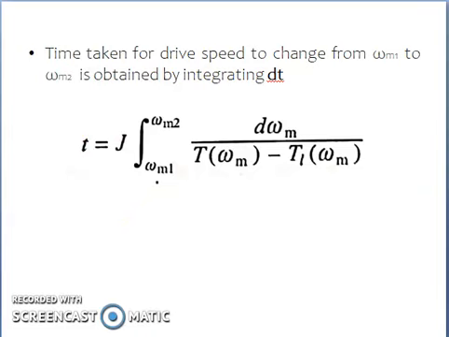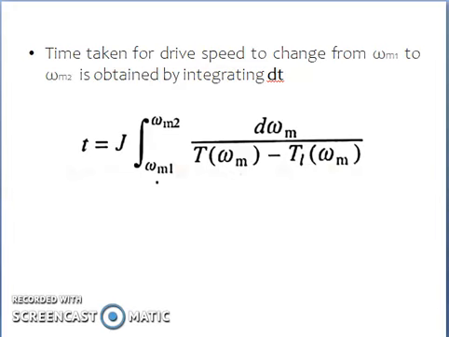Otherwise, the integral is evaluated graphically. The expression on the right hand side here is the area between the reciprocal of acceleration, that is J divided by T(omega m) minus TL(omega m), versus omega m curve, and the omega m axis, that is the x axis we are considering as a reference.